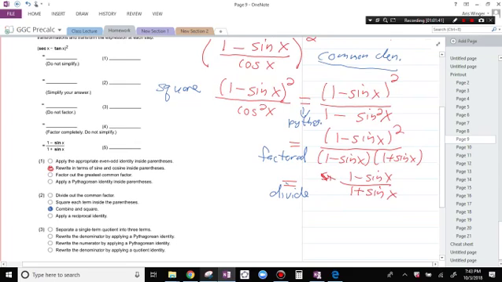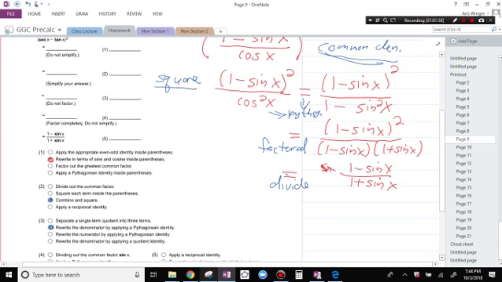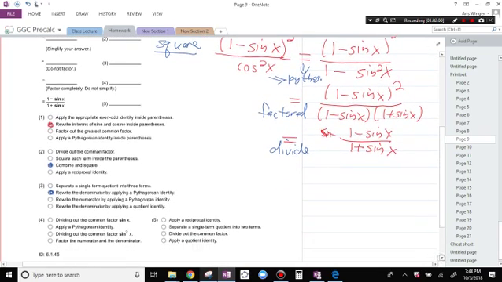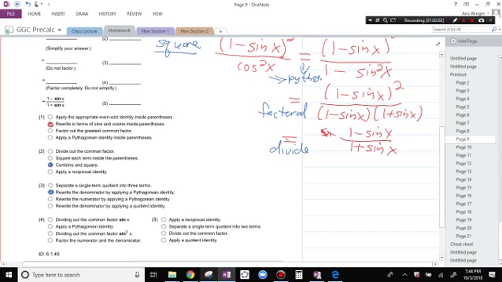And then after we combined and squared, what did we do? Use the Pythagorean identity, right? Rewrite the denominator using the Pythagorean identity. Then it looks like we need to factor the denominator. Looks like we really only factored the denominator, but I guess you could say we factored the numerator and denominator.